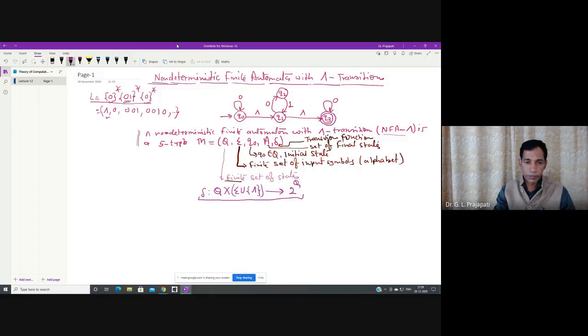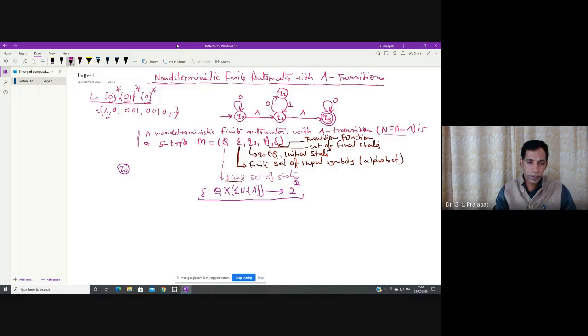See, if you are at the state q0, and somebody gives you the input 0, what are the places your machine can reach on this FA?